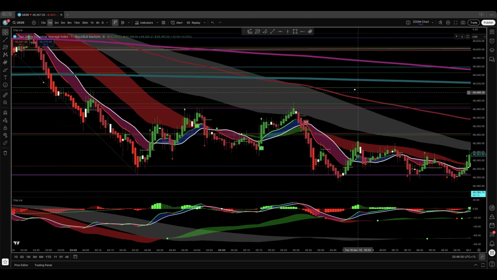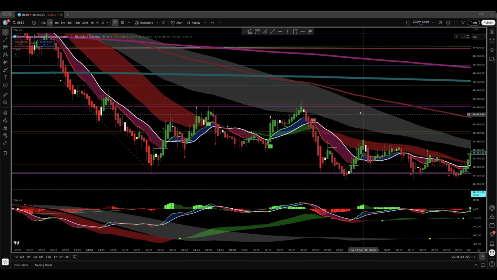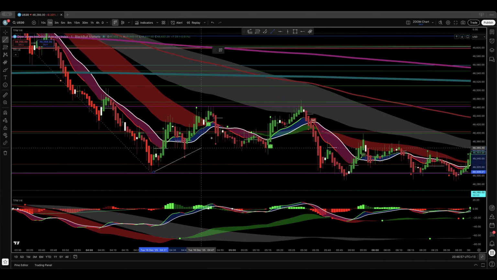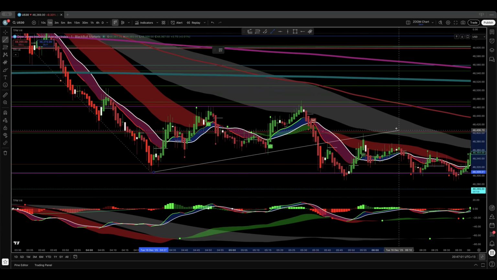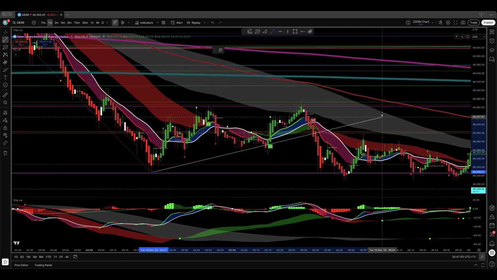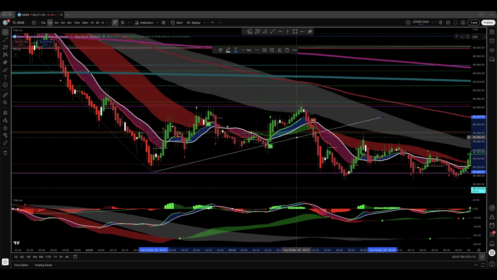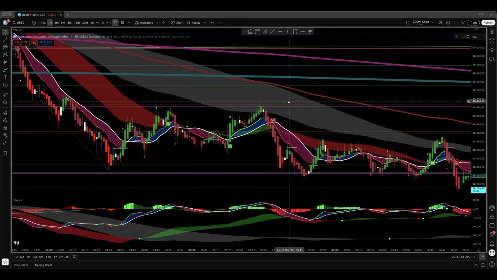Now, in terms of pattern, there's not really a clear pattern here. You could have drawn a trend line from that low, but I would have kept adjusting my trend lines, and that would have made it too low to justify breaking a trend line. If I'm honest, I wouldn't have drawn that because it made a lower low. The only pattern would have been some divergence. We don't emphasize divergence a lot with our strategy.